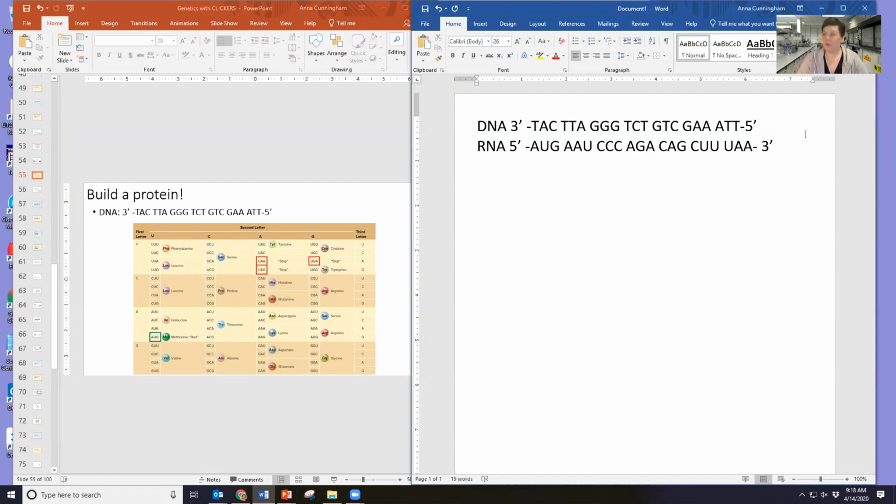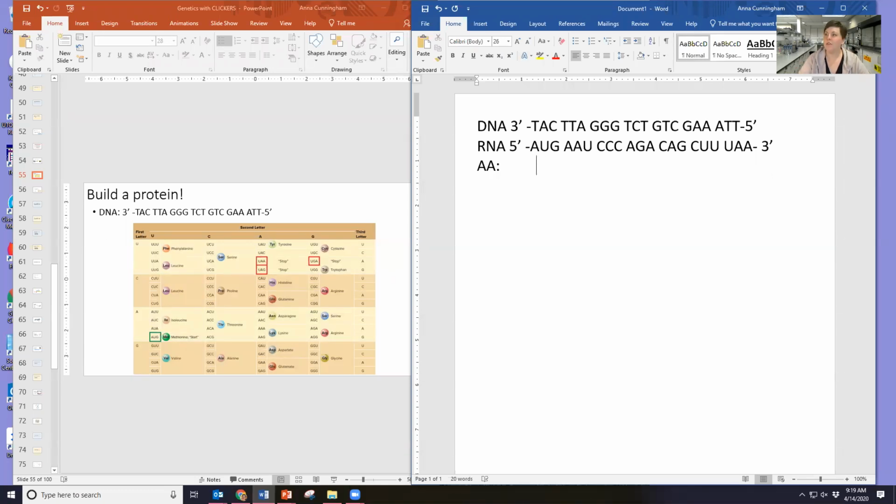Okay, so we have our mRNA strand now, and we know that our RNA is AUG AAU. It helps me to separate this into 3 nucleotide segments, because codons are 3 nucleotide segments. Now we can build our amino acid strand.